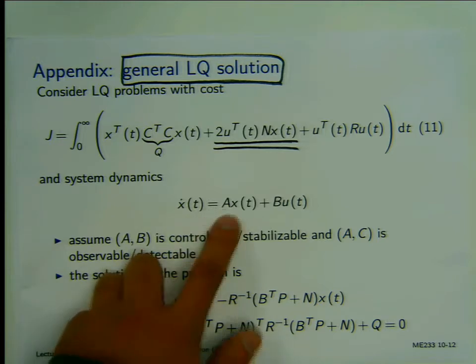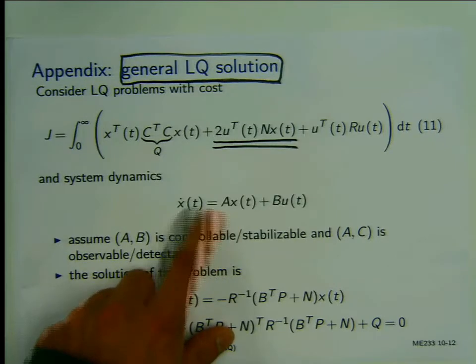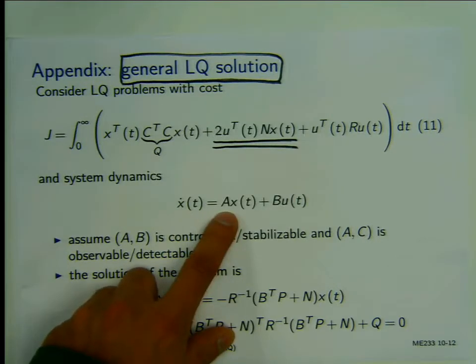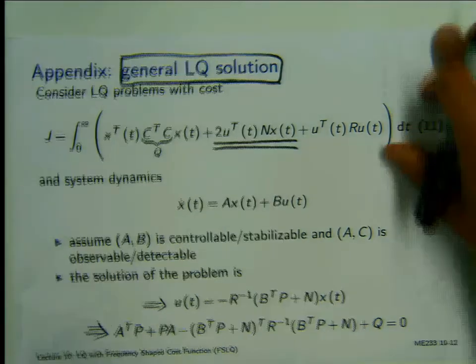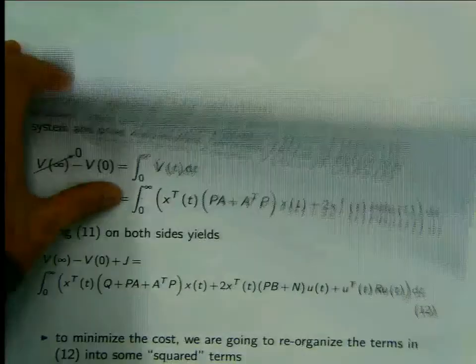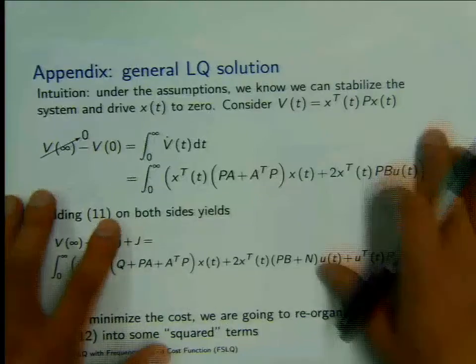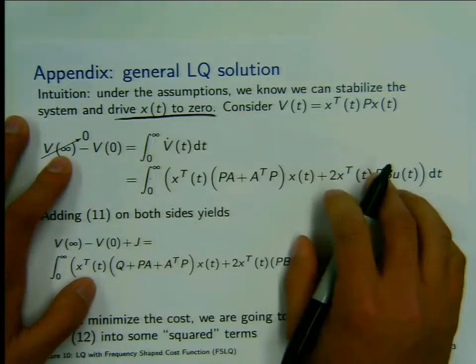So guaranteed, if AB is controllable, then we know for sure we can have some design to make the system asymptotically stable, all right? If you get this idea, then you will have no problem understanding this part. So we have no problem to drive x(t) to 0.